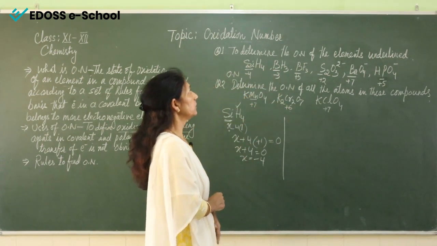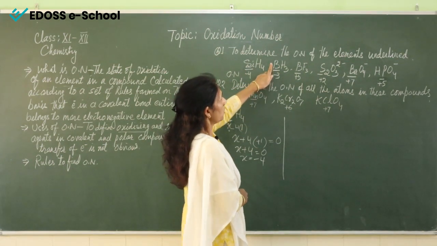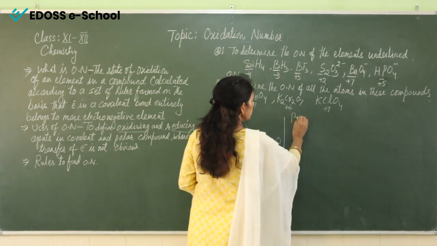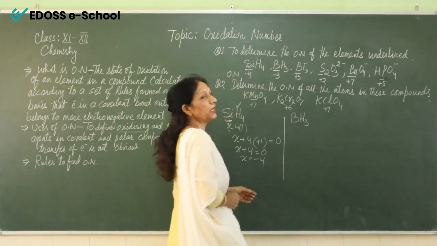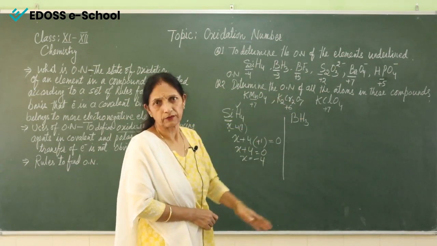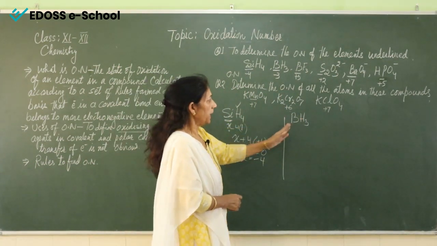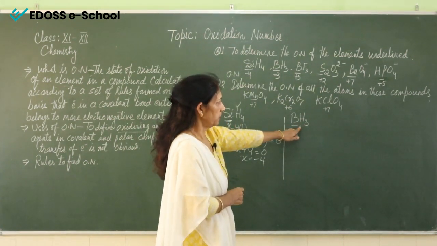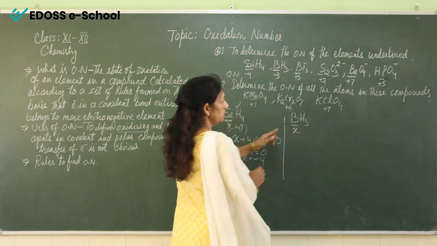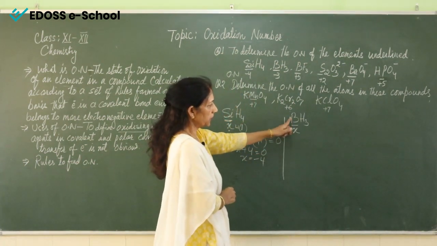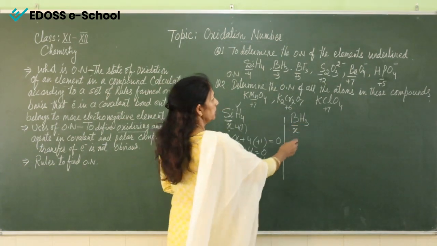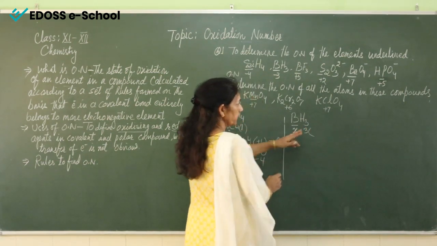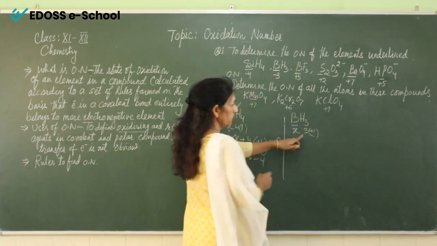Now if you want to find the oxidation number of boron in boron trihydride, the same way we will write BH3. These are very simple compounds we are taking in the beginning. We have to find the oxidation number of this boron, which is unknown, so it will be taken as X, and because there are 3 hydrogen atoms in total, we will multiply 3 into plus 1.